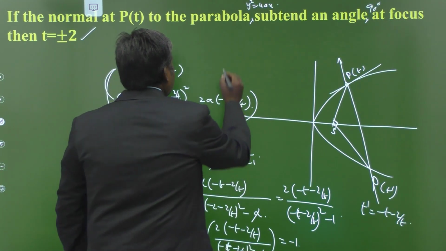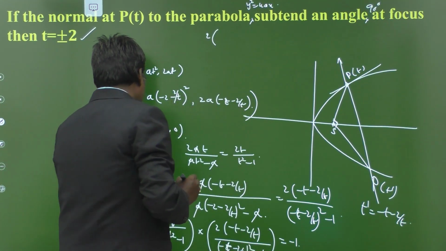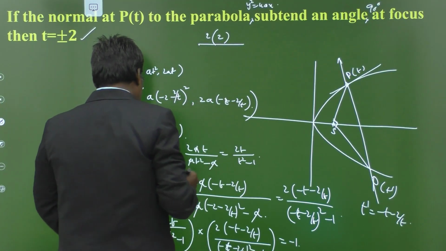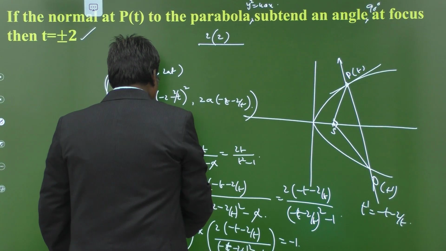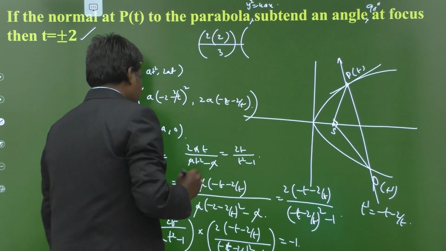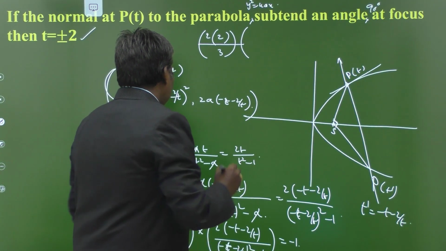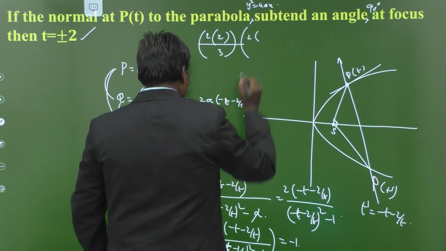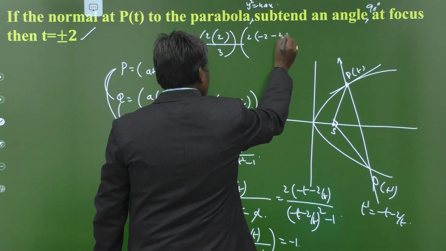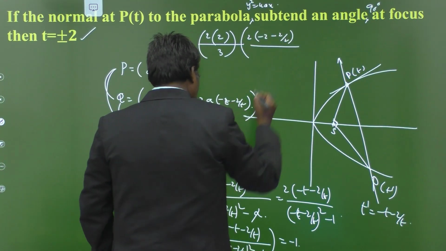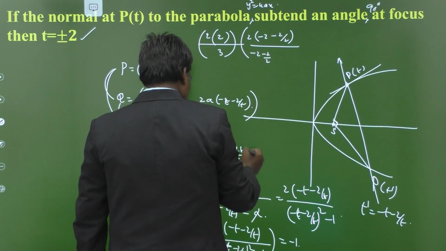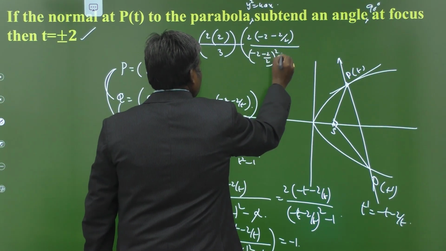So 2 times of t is 2, by t square minus 1, 4 minus 1, that is 3, into 2 times of minus 2 minus 2 by 2, by minus 2 minus 2 by 2 whole square minus 1.